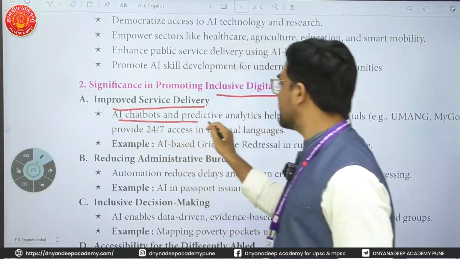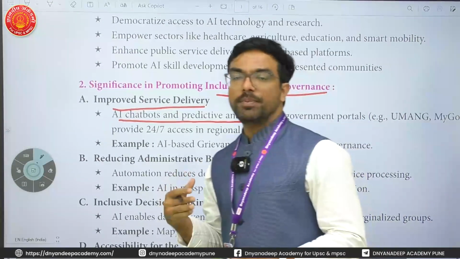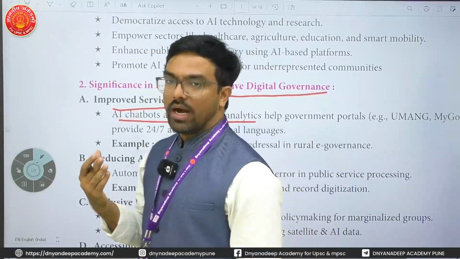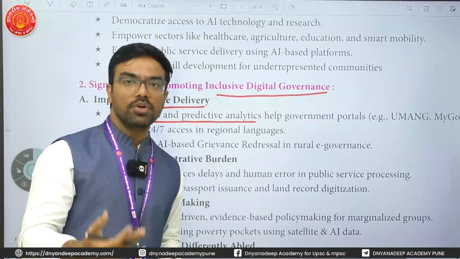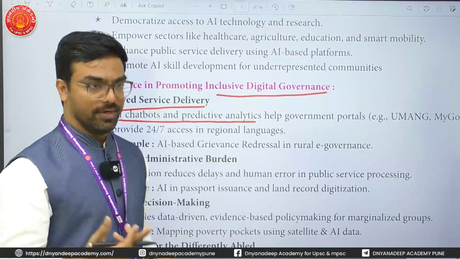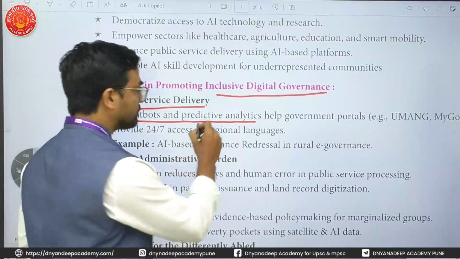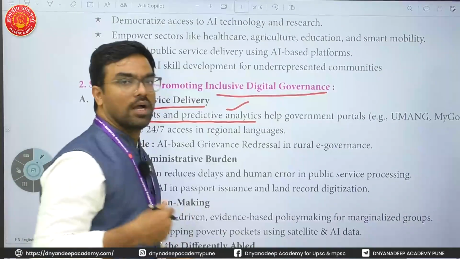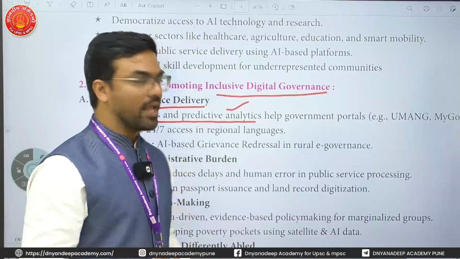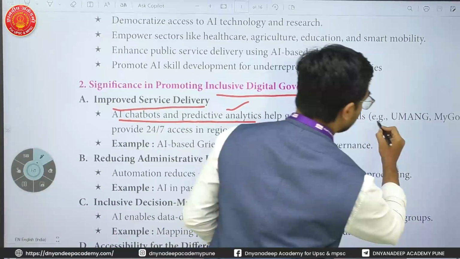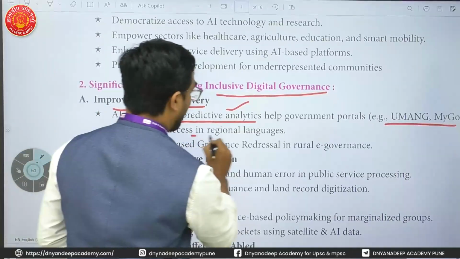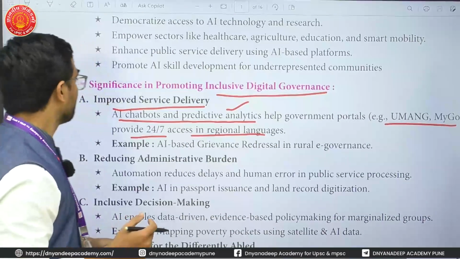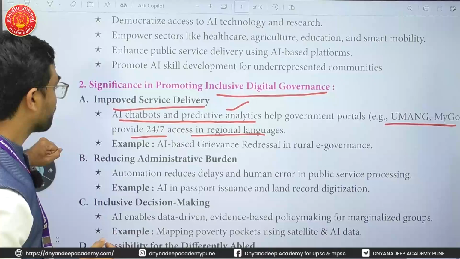AI chatbots and predictive analytics are being used to address the complaints of people in remote areas in their local languages. So they are being used to provide services in local or vernacular languages. Portals like Umang and My Government are being used 24/7 to access services in regional languages. So it has improved service delivery.